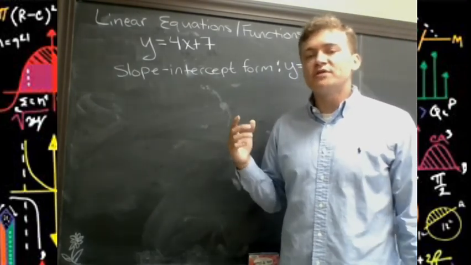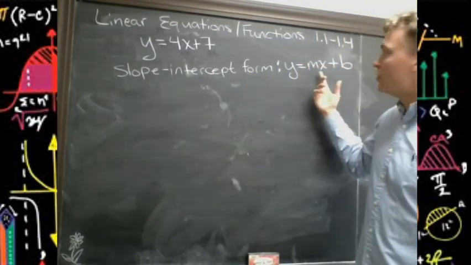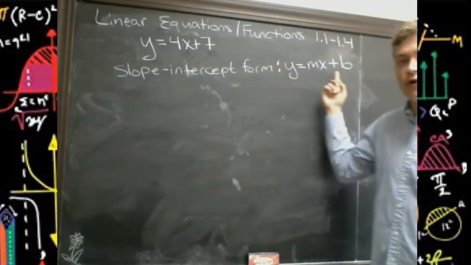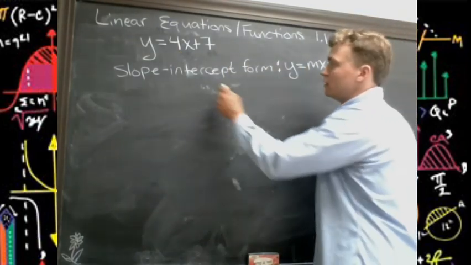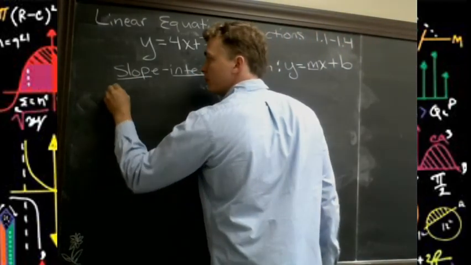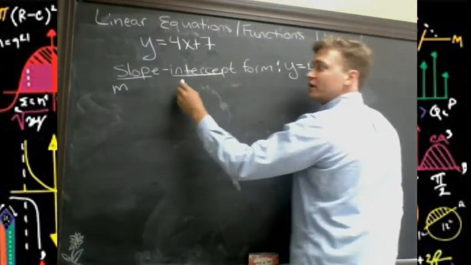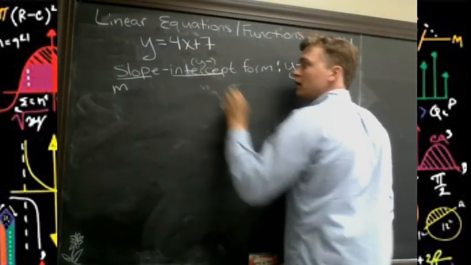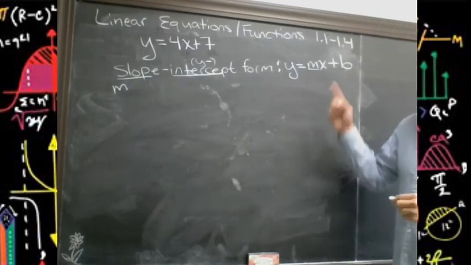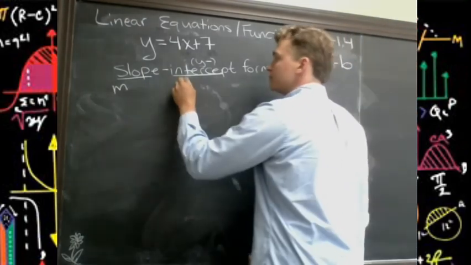Well, first and foremost, it's easier to graph. If I know that my slope here is 4, and if I know this number here, remember, what does this b value tell us? Slope-intercept. m is the slope. The intercept here is the y-intercept. It's the y-intercept because this number here tells us what the y-coordinate is.